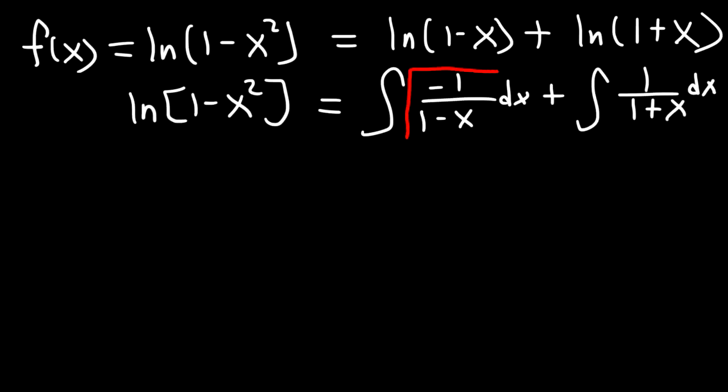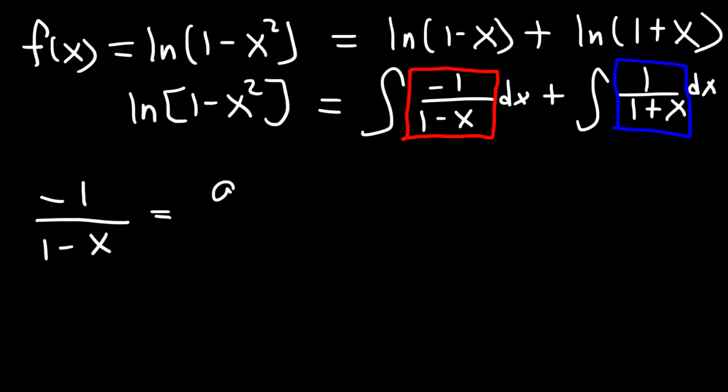Now let's write a power series representation of negative 1 over 1 minus x. And let's do the same for 1 over 1 plus x. So this is already in the appropriate form. It's in the form a divided by 1 minus r, which is the sum of an infinite geometric series.